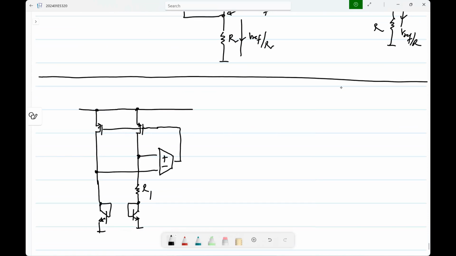Okay. So now, what are the currents flowing through M1 and M2? Vt log n by R1. So this is in the ratio 1:n.